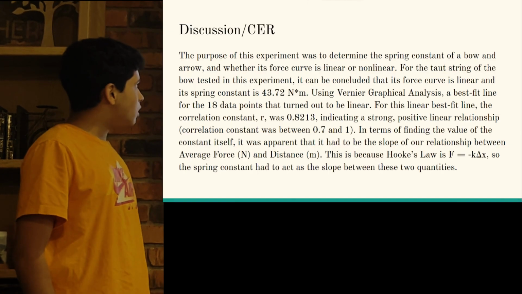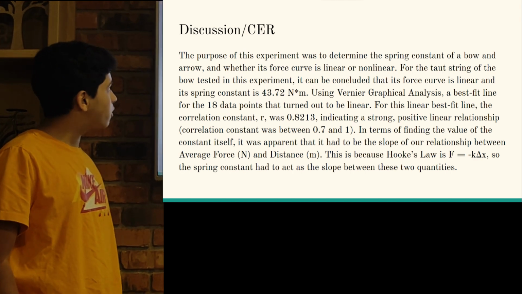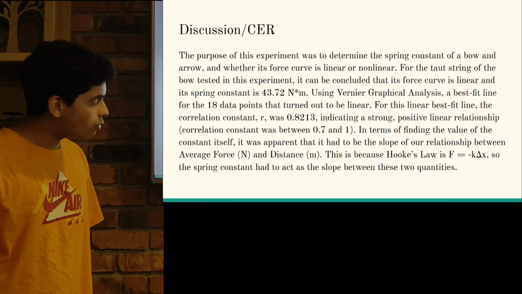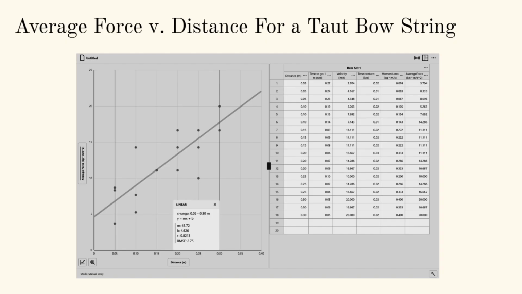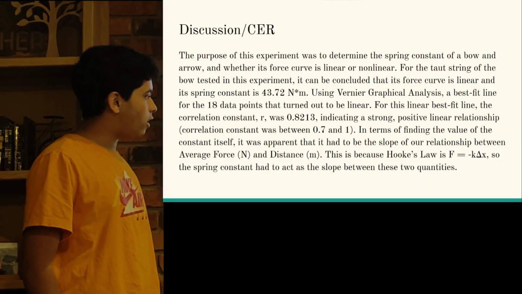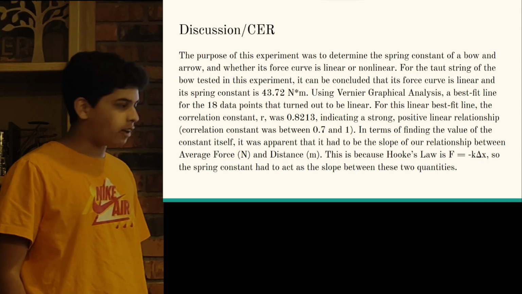Discussion. The purpose of this experiment was to determine the spring constant of a bow and arrow and whether its force curve is linear or nonlinear. For the taut string of the bow tested in this experiment, it can be concluded that the force curve is in fact linear and the spring constant is 43.72 Newton meters. Using Vernier Graphical Analysis, a best fit line for the 18 data points we took turned out to be linear.